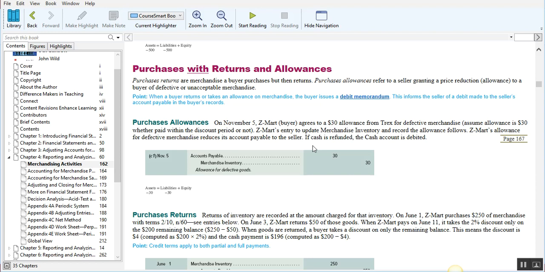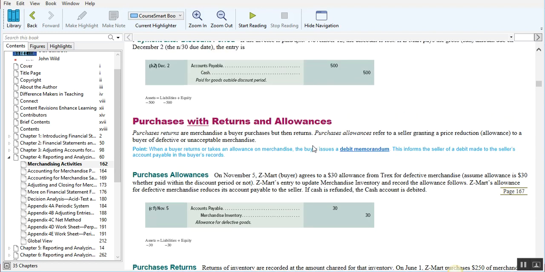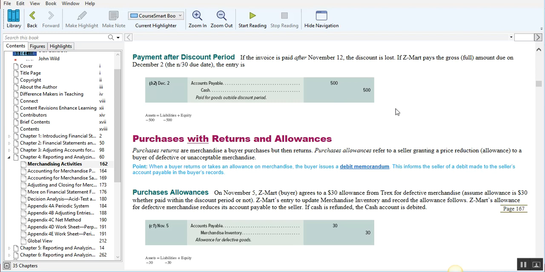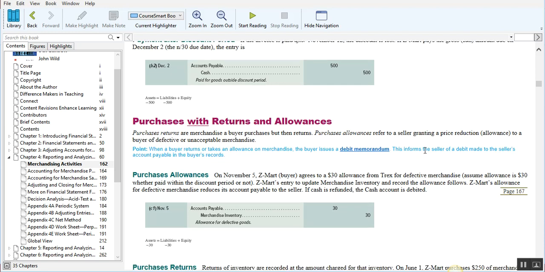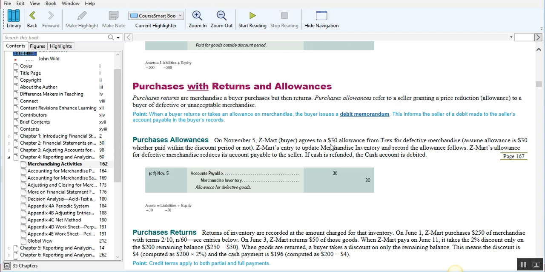And here you'll see that when we have the original purchase, we may have a larger amount due. So, for example, if we had the $500 here in accounts payable, here it tells us that our supplier agreed to a $30 allowance for some defective merchandise, and assume that the allowance is going to be taken off of our account.